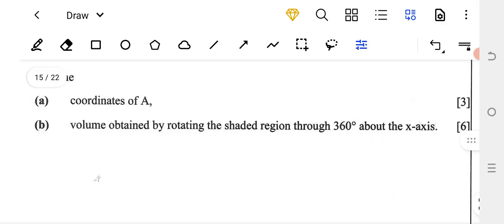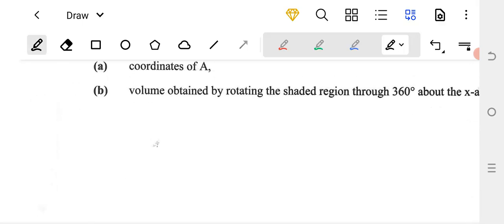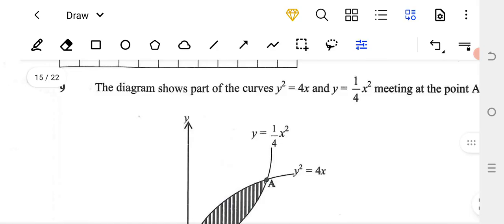So let's answer question A. It says the coordinates of A. So for question A, we'll write the equations. Y squared is equal to 4x.